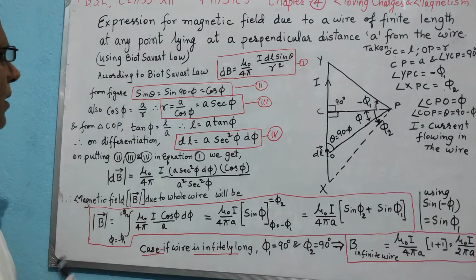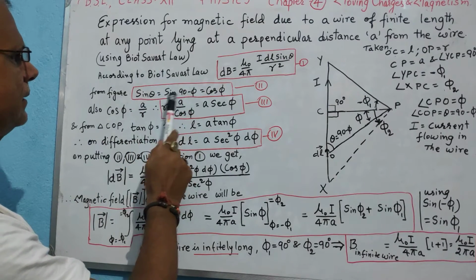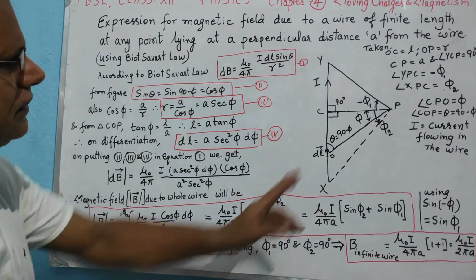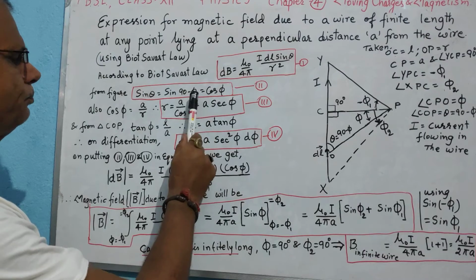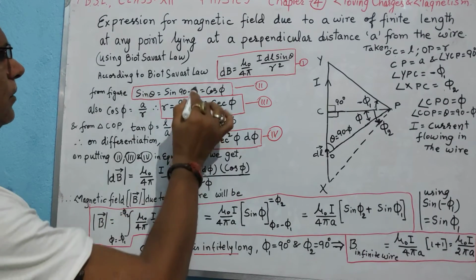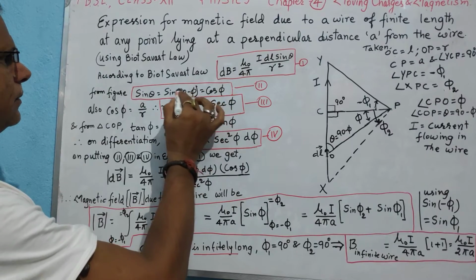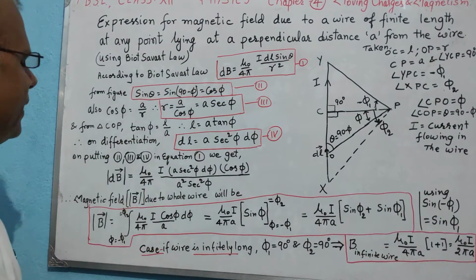Therefore sin theta is equal to sin 90 minus phi, and sin 90 minus phi is nothing but cos phi. Now we have to find cos phi.